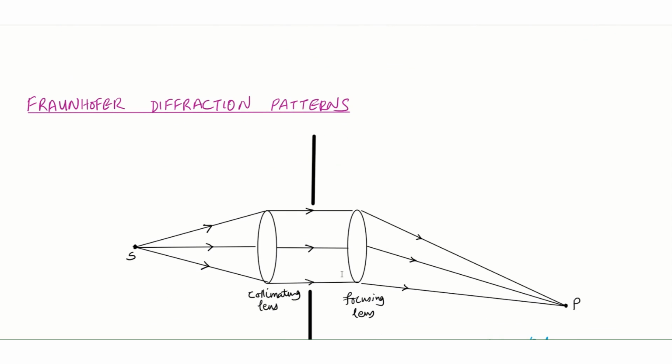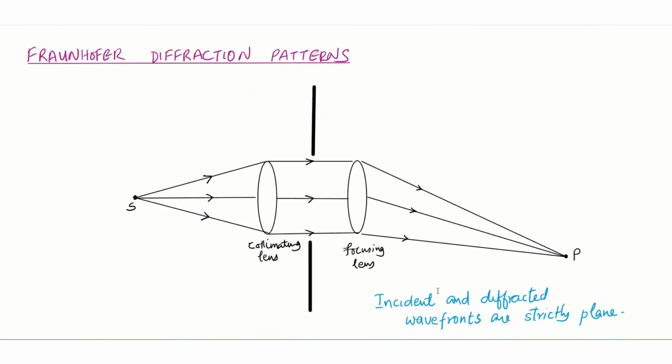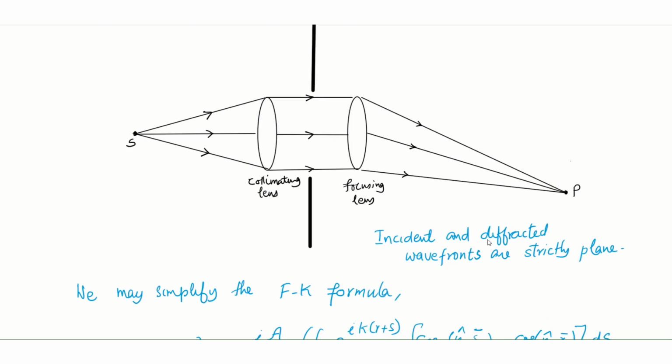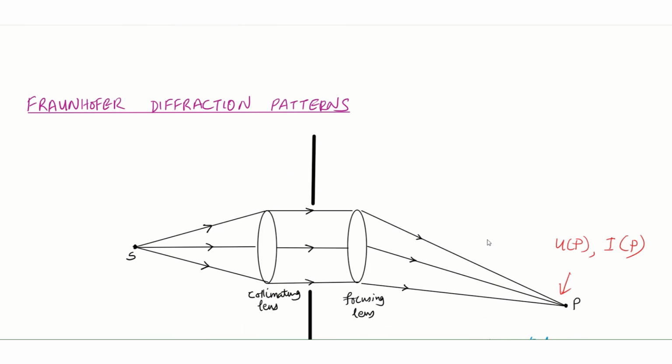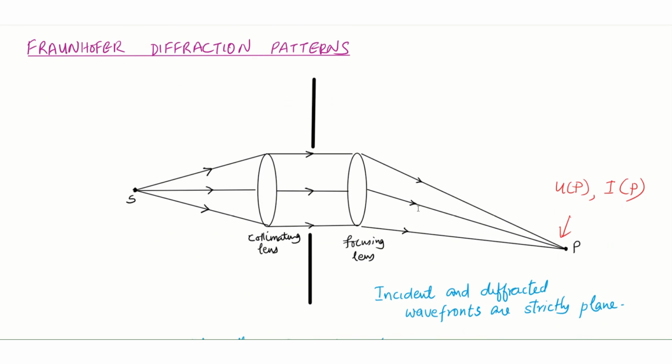Now we would like to express the field distribution at the observation point, and also the intensity, UP and IP, the intensity distribution at that point. And what we know about Fraunhofer diffraction is the wavefronts are parallel at the slit, or the curvature is negligible, they are plane wavefronts. How do you make a plane wavefront?